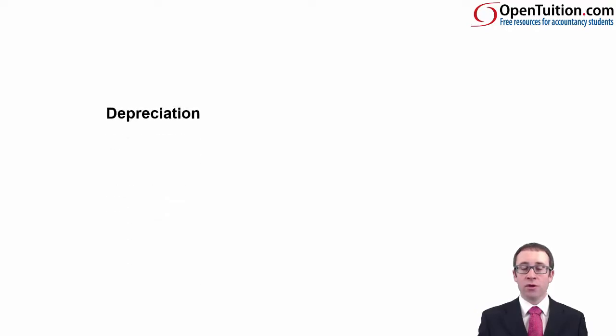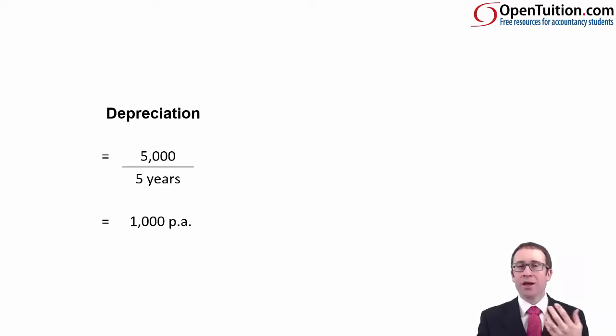Let's first of all look at the depreciation. Depreciation was nice and straightforward, wasn't it? Again, we'll work in round thousands. We take the 5,000 divided by the 5 years. Simple. 1 million per annum, or 1,000. Capital allowances, or tax allowance, are maybe just a little bit more challenging.